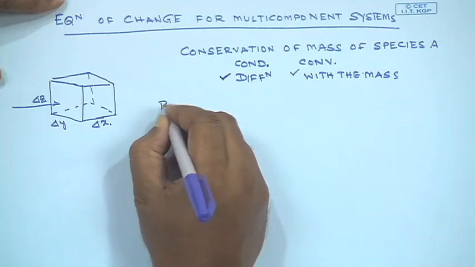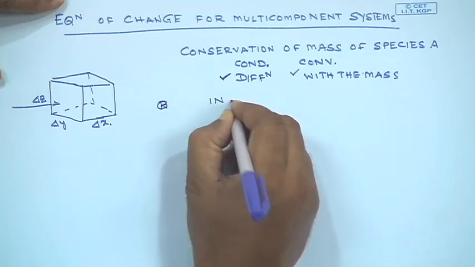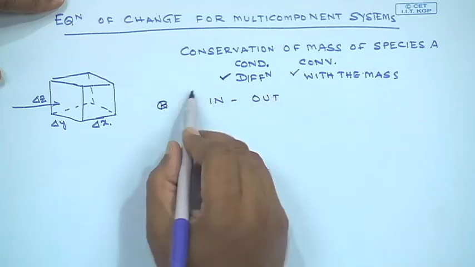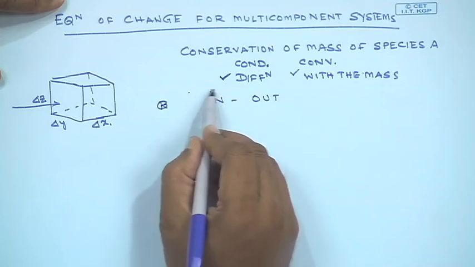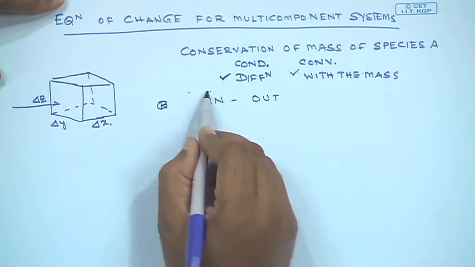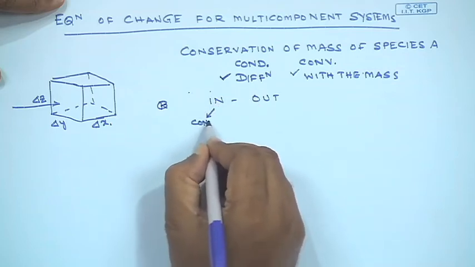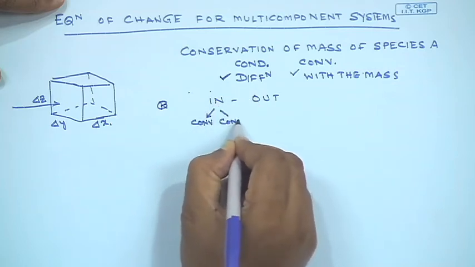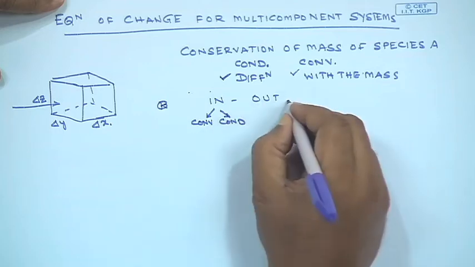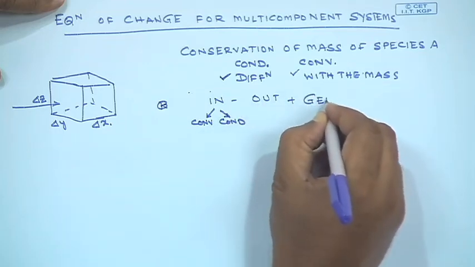So, the first thing that we are going to write is in minus out, that is the time rate of species A coming into the volume by a convection and conduction process, out, plus any generation or depletion.